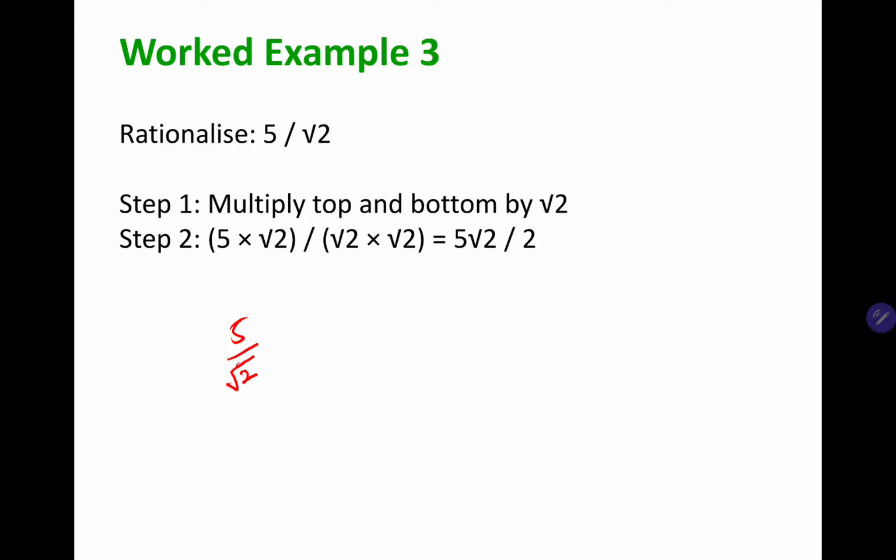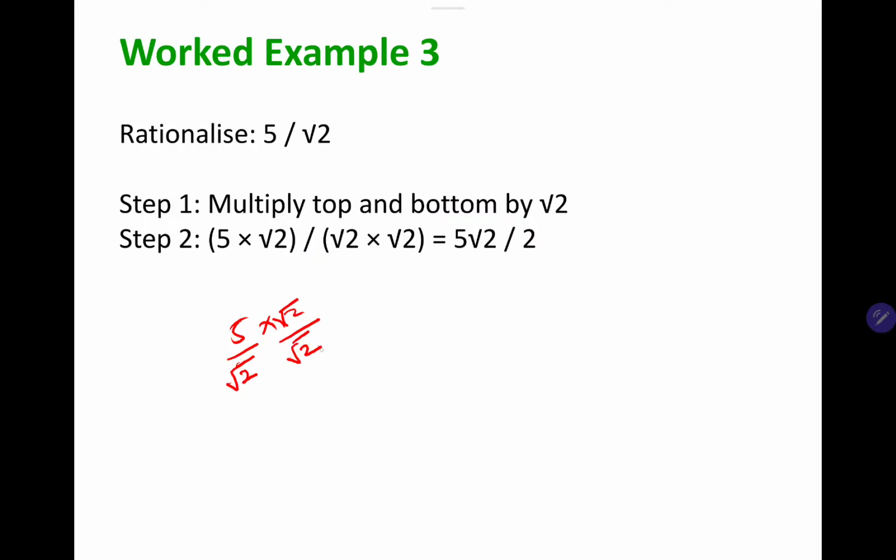So what we can do here is to multiply the top and the bottom, the numerator and the denominator, by what? The denominator, because we're trying to eliminate this. So multiply by root 2, which is the denominator. You'll say 5 times root 2 all over root 2.